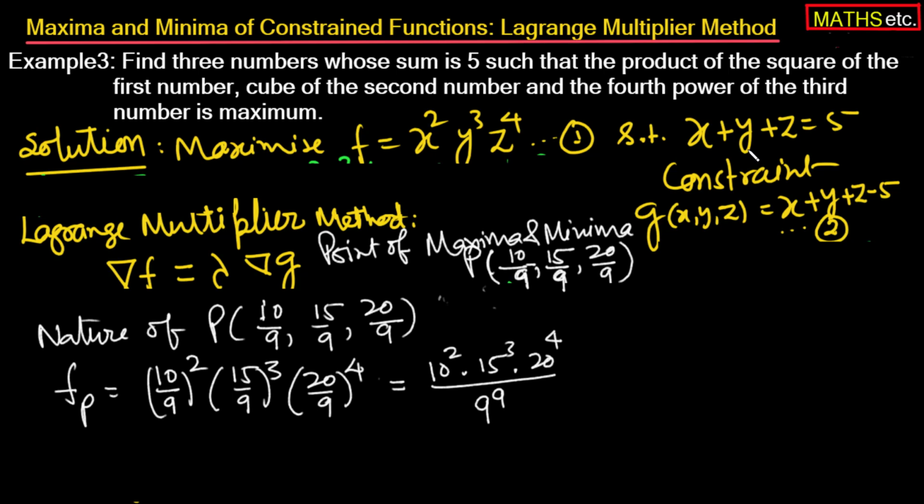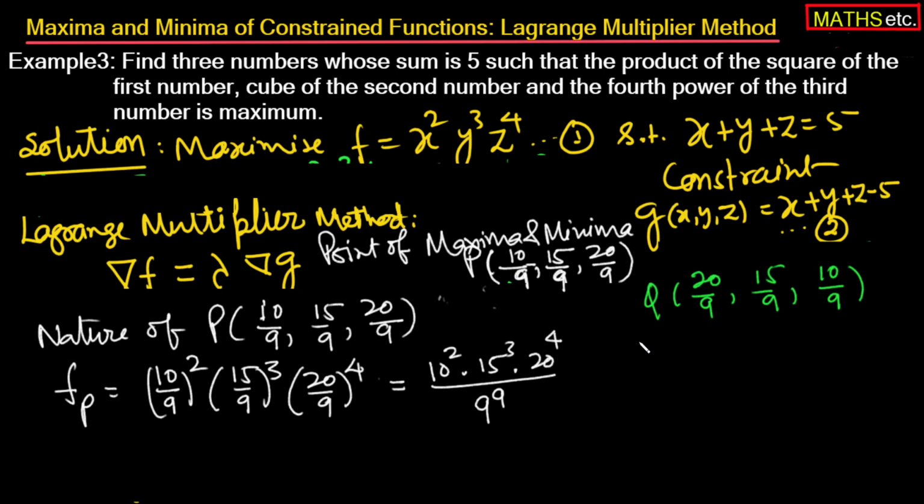Now let us take a random point that satisfies the equation of the constraint, and suppose this point Q is, say, 20 over 9, 15 over 9 and 10 over 9.